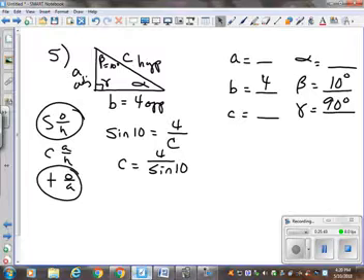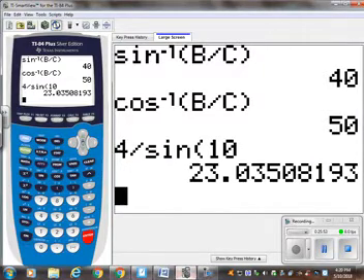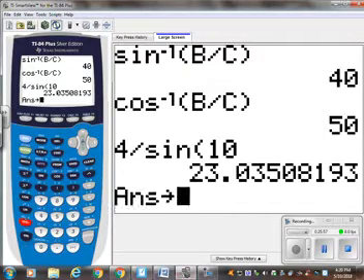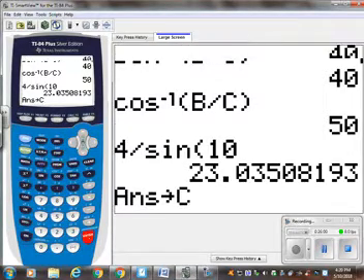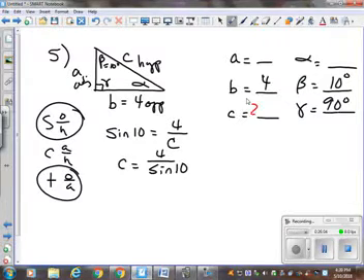What was I finding? I am finding C, so I'm going to store that in alpha C. All right, now we're going to go back and write that answer down. 23.0. It's not exactly 23, so I can't just drop that 0. It had a decimal that I rounded it off to. You have to keep that 0.